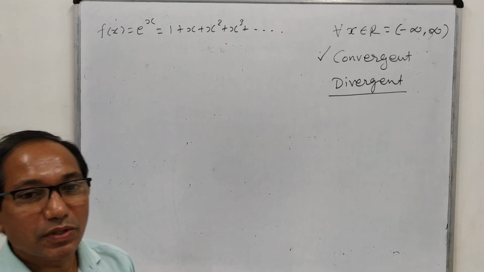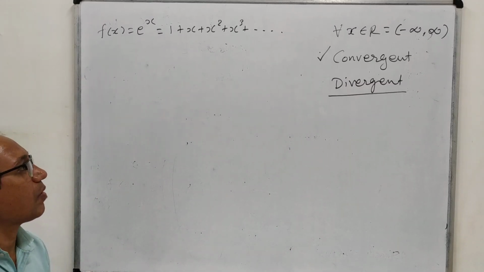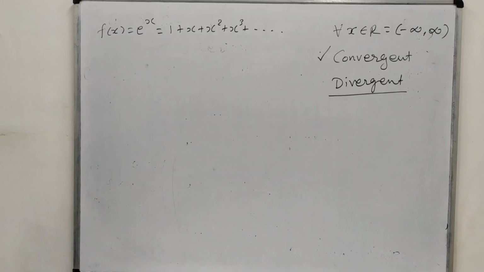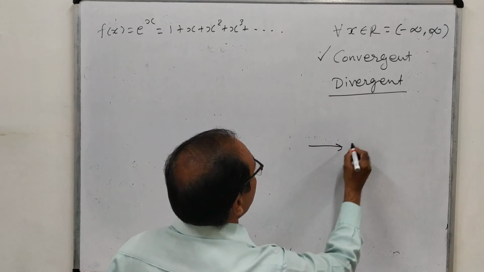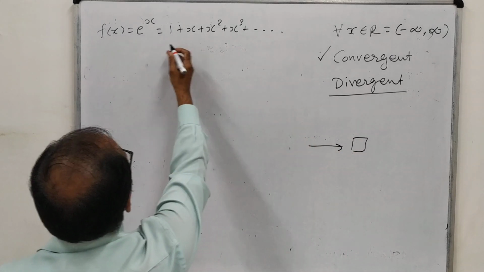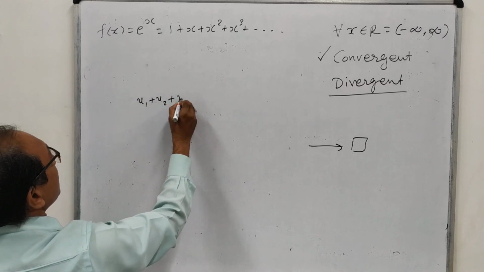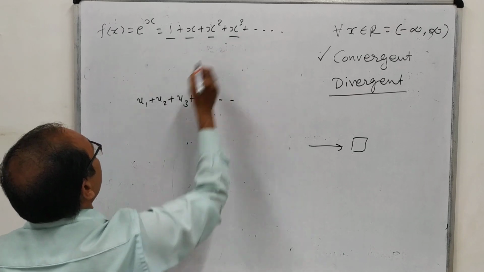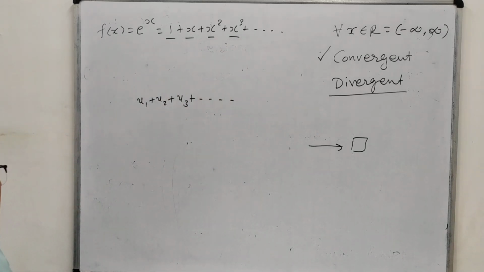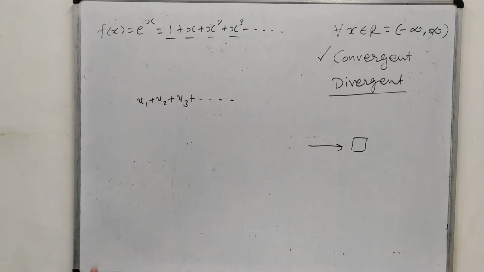So first we need to see whether the series we are going to apply in our problem is convergent or divergent. Convergent means the series tends to some fixed value, because a series is nothing but the sum of values like u1 plus u2 plus u3 plus u4 plus dot dot dot. This is the general form of a series. If this series tends to some particular value, we say that it is convergent.